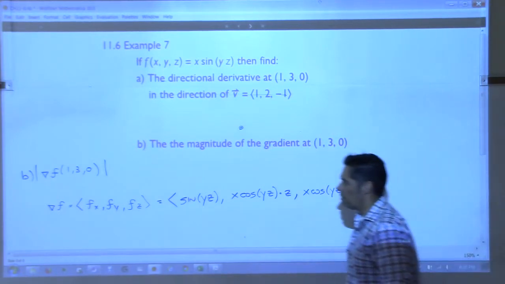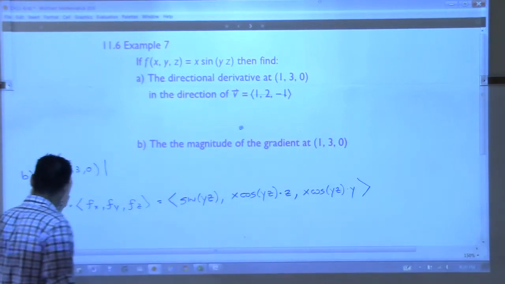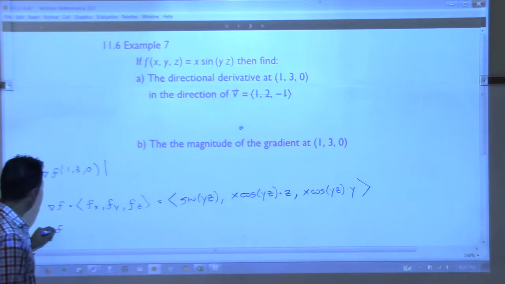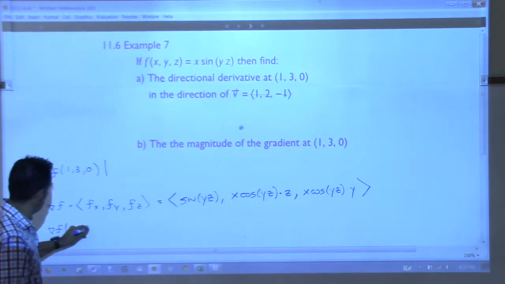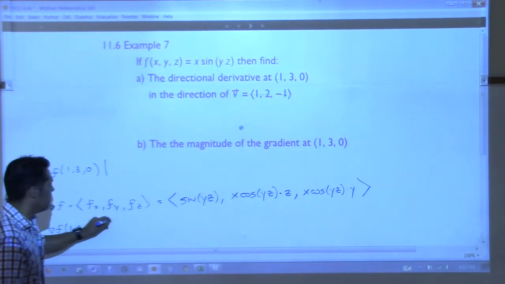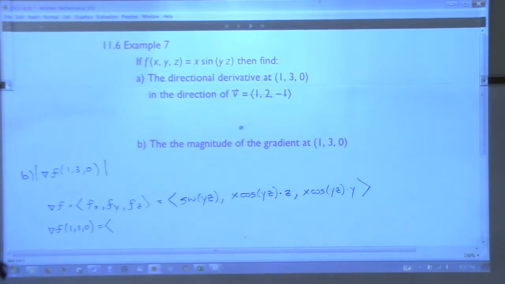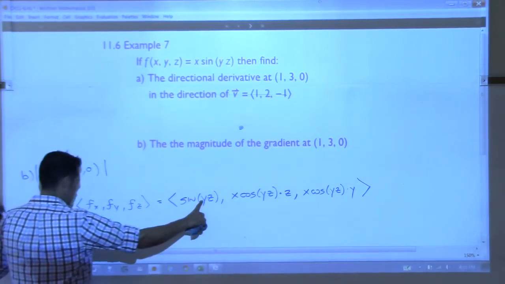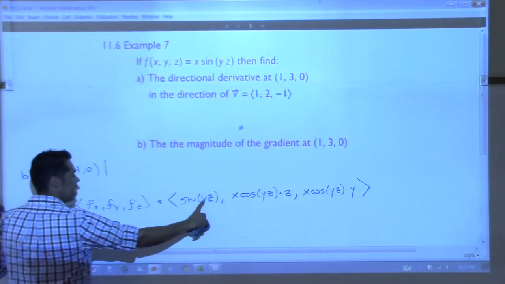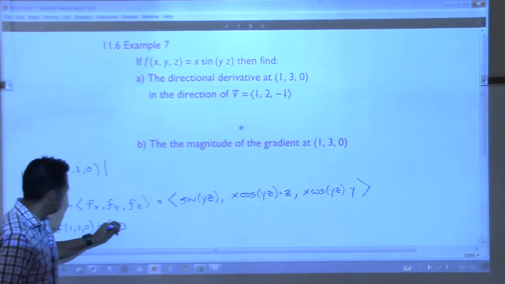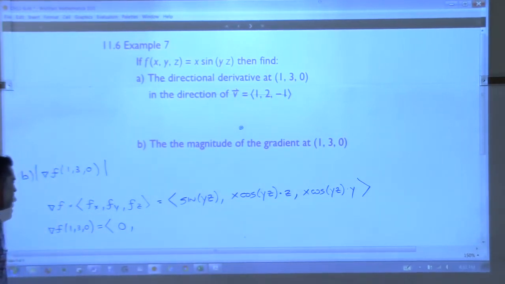And now we need that gradient at 1, 3, 0. If we plug in 3 here and 0 here, we get sine of 0, that's 0. What about the next one? Should be 1.